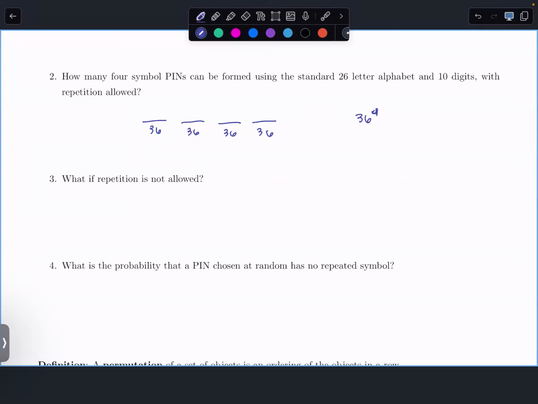Okay, what if repetition is not allowed? Again, in WebAssign, you're actually going to have to do that by hand.